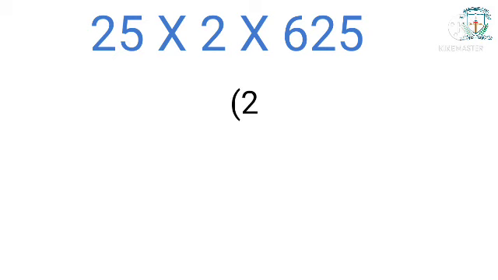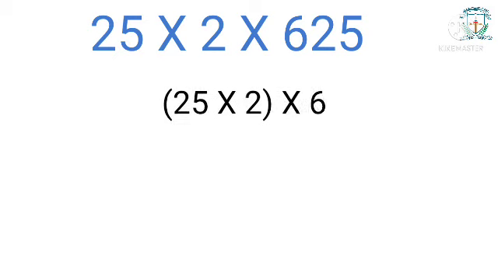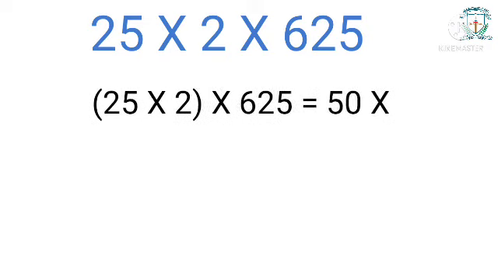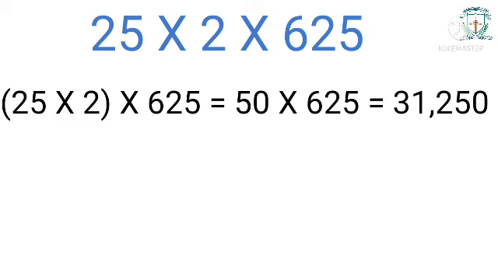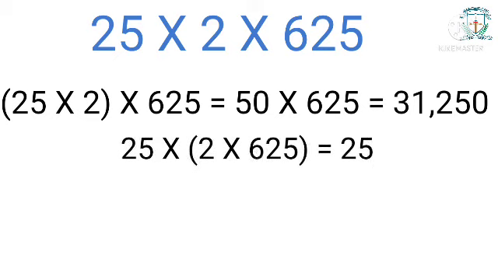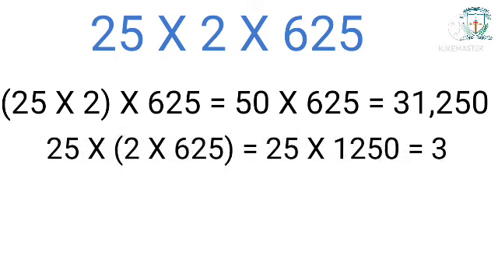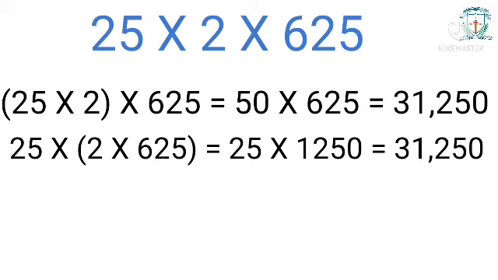Here, we are multiplying in a different order. First, we shall multiply the first two terms and then the third term, but the product remains the same. In the second one, we are multiplying the second and the third term and then multiplying with the first term. Again, the product remains the same.